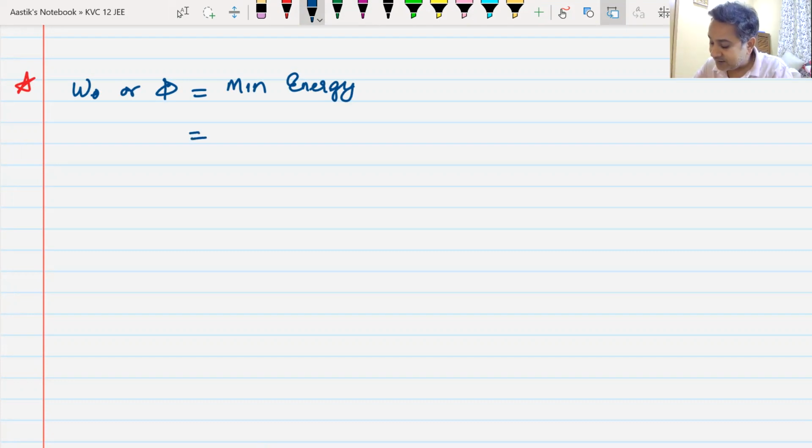And we had seen that this work function is equal to h into f naught, or you can call it as hc by lambda naught, and h into c becomes 12,400. 12,400 divided by lambda naught becomes your work function.